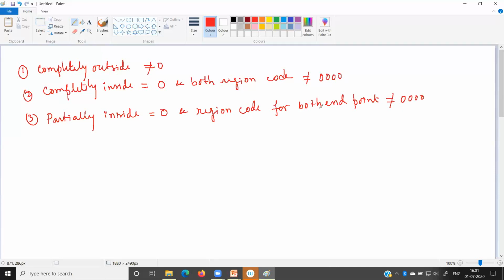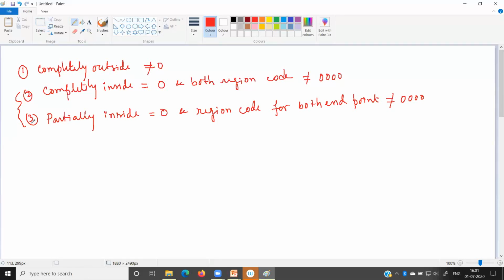Okay, so in these two cases, case 2 and case 3, if you perform the AND operation between the region codes of the two endpoints, you will get the output 0, but then you have to observe whether the region code for both endpoints is 0, 0, 0, 0 or not. If it is 0, 0, 0, 0, that indicates that the line is totally inside.